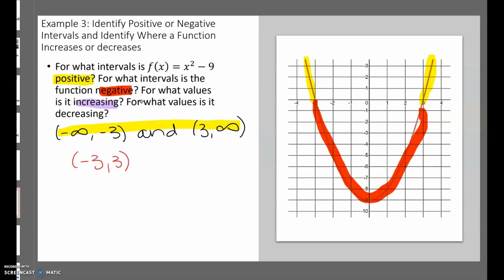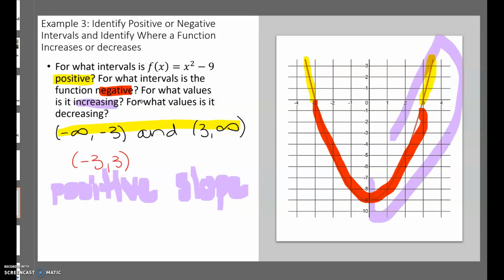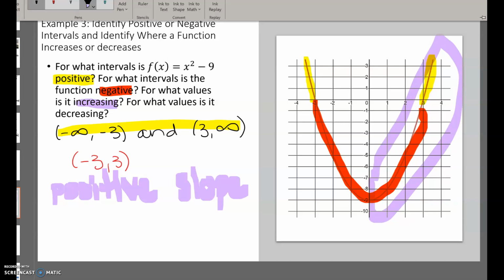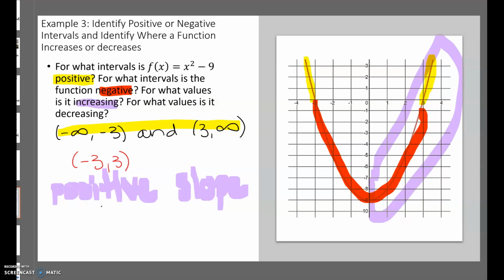For what values is it increasing? So we're looking for a positive slope. And so that would be from here on up. And then writing that would be from right here.